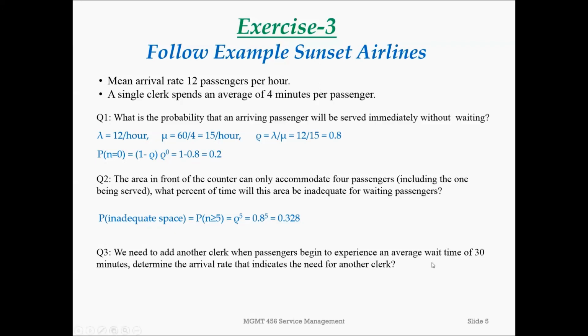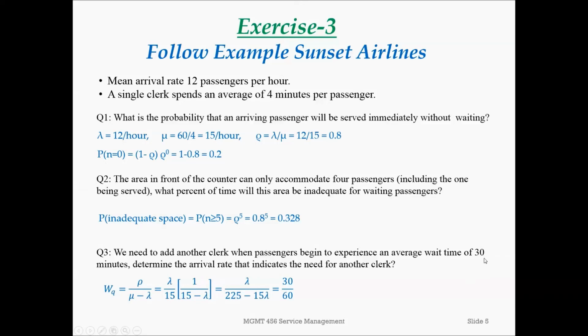So what formula do we use? Here we're talking about wait time, so average wait time. What is average wait time? It is WQ. So we use the formula WQ equals rho divided by mu minus lambda. In this case, lambda is unknown, but WQ is known. WQ is 30 minutes.